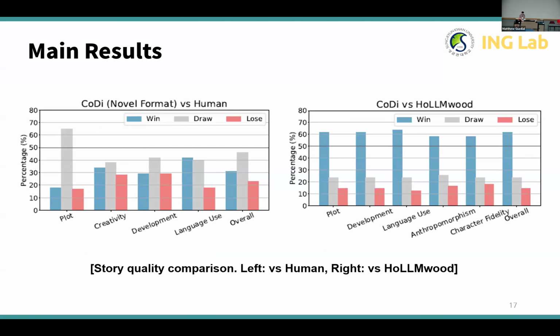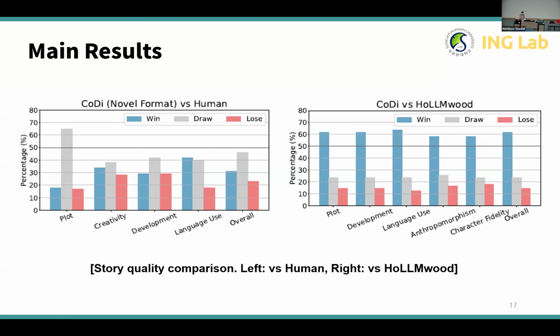So here is the main result. Blue indicates CoDi wins, gray means tie, and red means lose. When we compared our framework to the human reference, the results show competitive or higher performance.